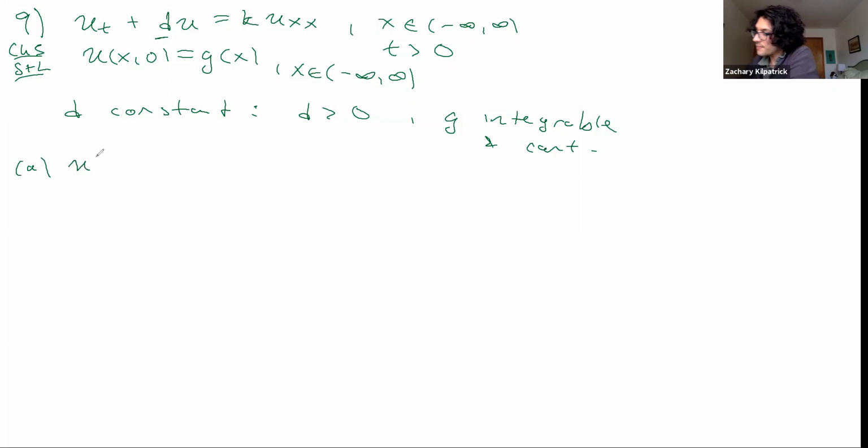So for part A, let's say that we want to solve this problem. Whenever you have parabolic problems like this, and this is common also in hyperbolic problems, one way to approach them is just to turn them into the canonical equation, or that class of problems, using a change of variables.